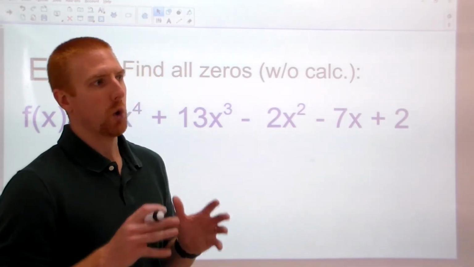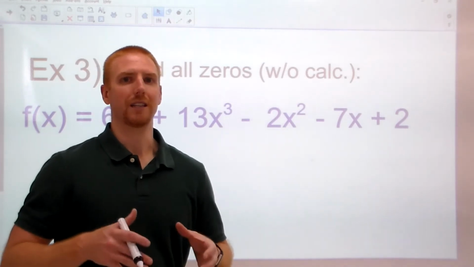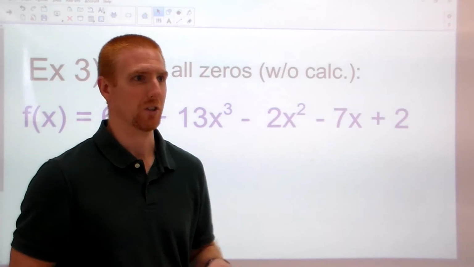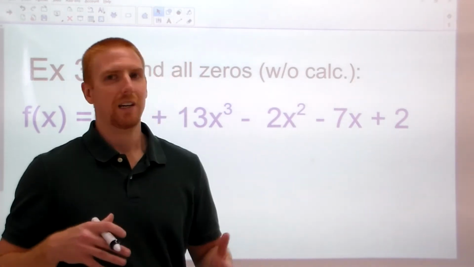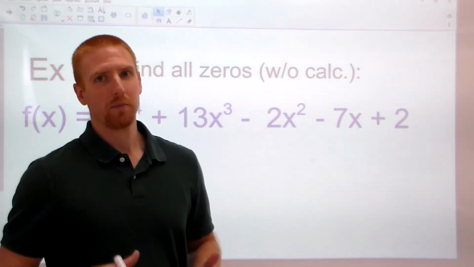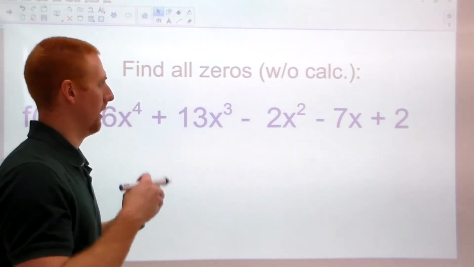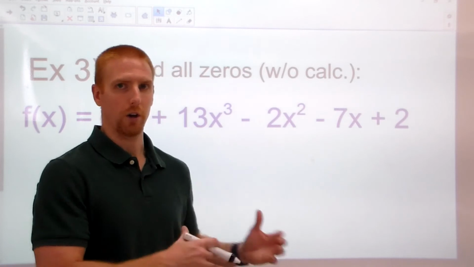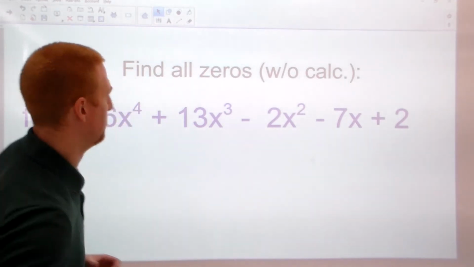Try to find them without a calculator, but if it's really taking a long time, I don't want you getting frustrated and bogged down on just looking for a zero, because I know y'all can handle that part. I just want you to know how to use all of these tests together to find all your zeros. That's what it comes down to.